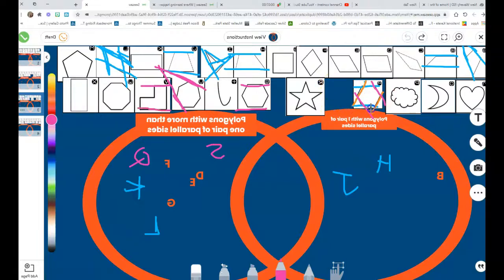This is parallel to this. This is parallel to this and this. So where do you think that would go? More. Good. W? Where would it go? One pair or more than one pair of parallel sides? More. Good. And X? More. Okay, so now you're getting the hang of it.